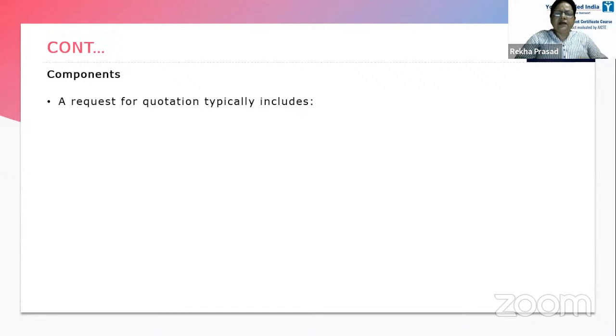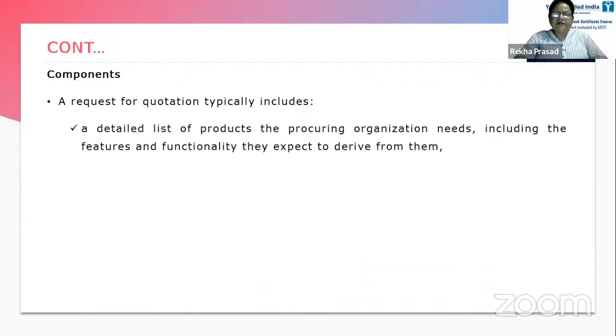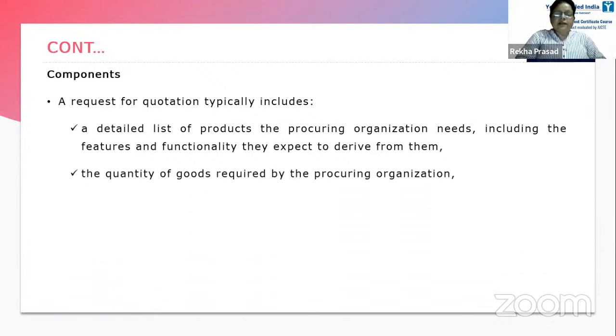So what does a request for quotation contain? A detailed list of products the procuring organization needs, including the features and functionality they expect to derive from them. The quantity of goods required by the procuring organization.